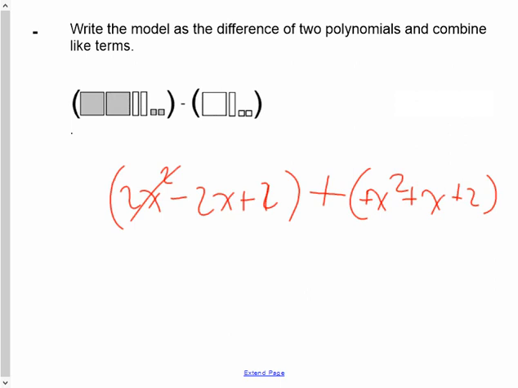Gather your like terms. 2x squared, this is now a positive x squared, which is going to be a positive 3x squared. A negative 2x and a positive x is going to make a negative 1x, which is negative x. And a positive 2 and a positive 2 is going to make a positive 4. So when you find the difference of those two polynomials, the difference would be 3x squared minus x plus 4.